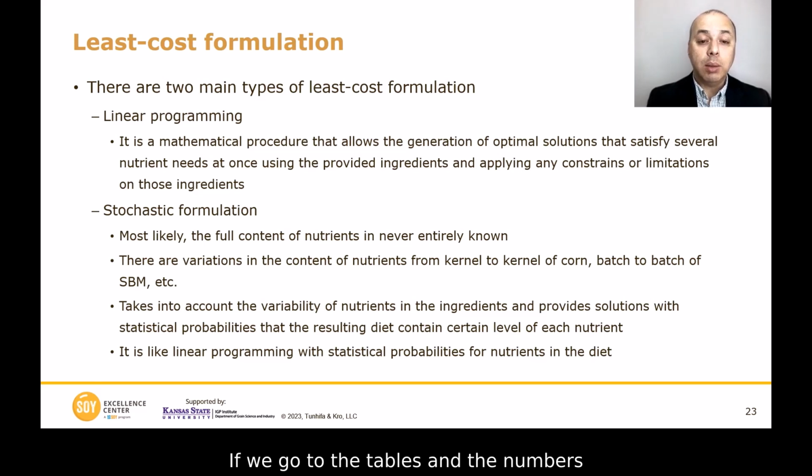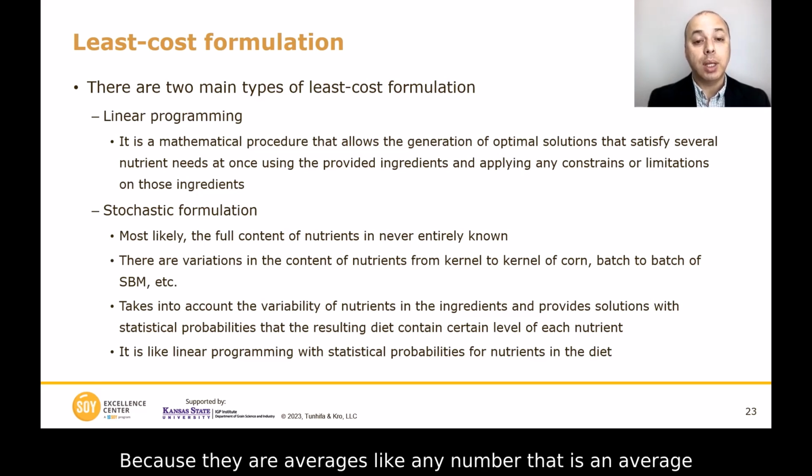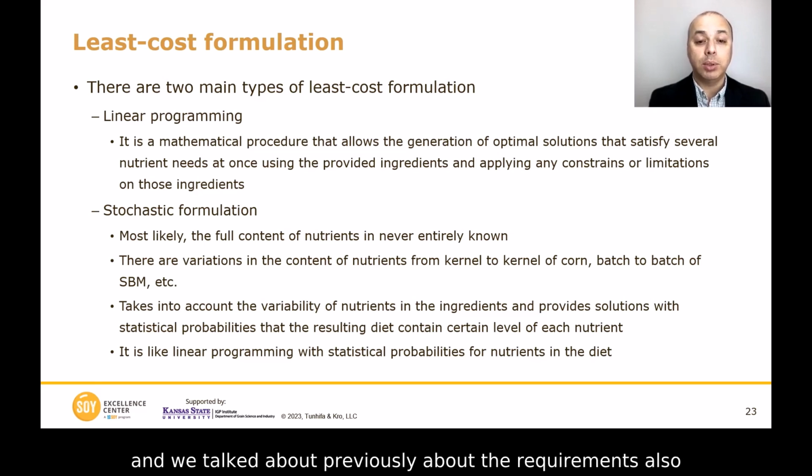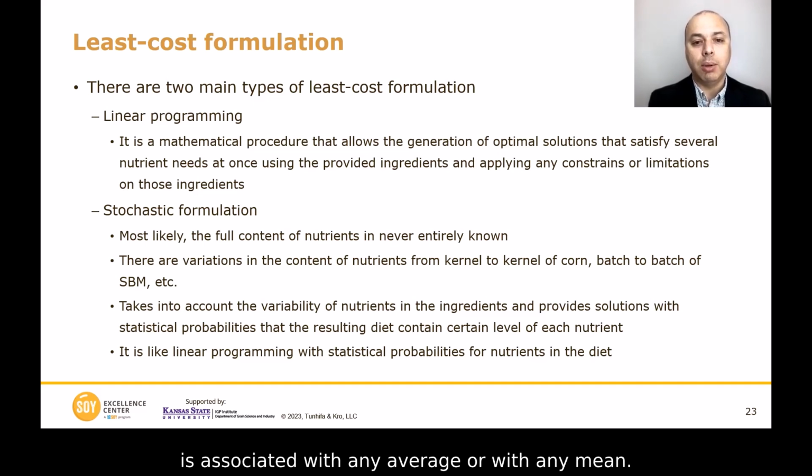If we go to the tables and the numbers that we find in the tables, those numbers are averages. Because they are averages, like any number that is an average, and we talked previously about the requirements also being averages, there is a variation that we can express as a number, a variation that is associated with any average or with any mean.